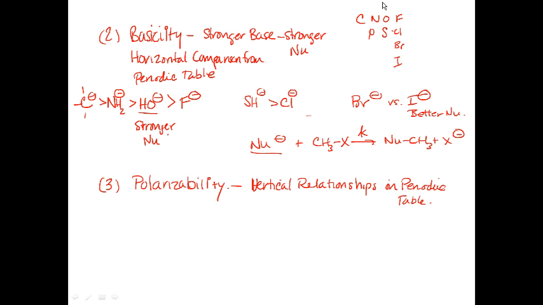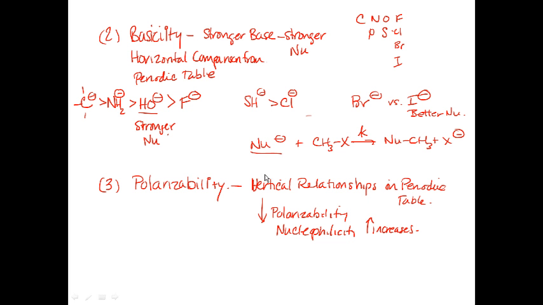Phosphorus is a stronger nucleophile than nitrogen. So this vertical relationship then says that as you go down the periodic table, polarizability and nucleophilicity increase. Okay, so as you go down the periodic table, the polarizability and the nucleophilicity increase.